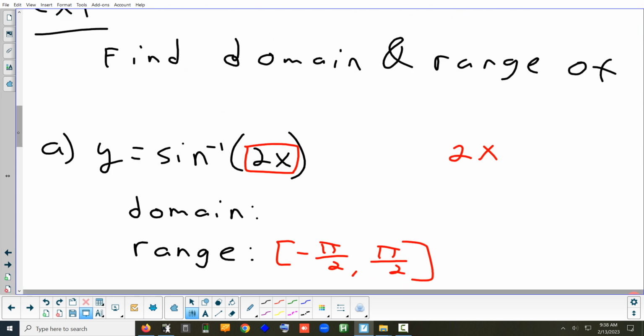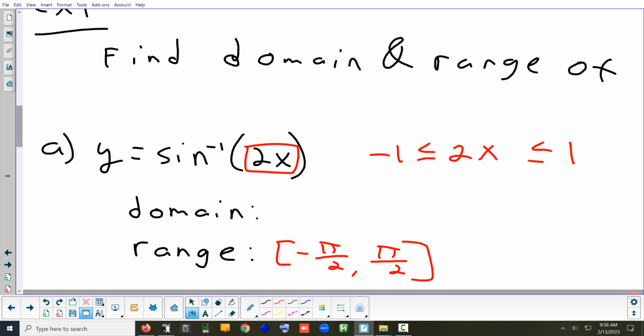What's the original domain of inverse sine? No, we already used that. Oh, okay, so that's just negative 1 to 1. And now we need to solve for x to get our new domain.